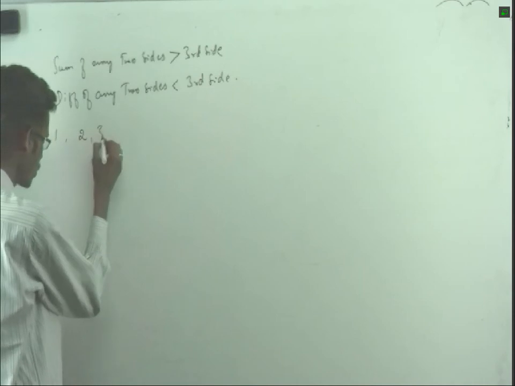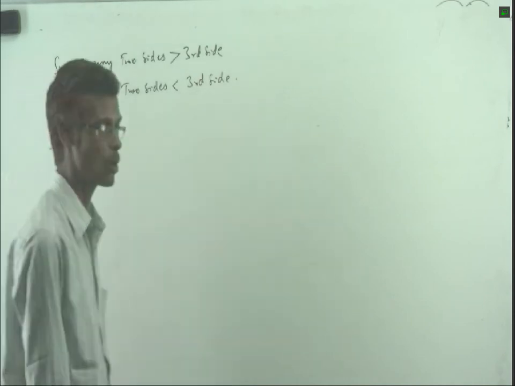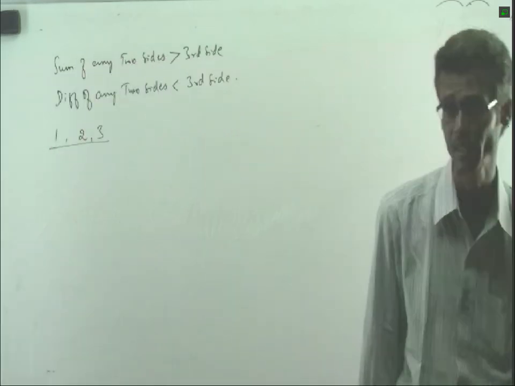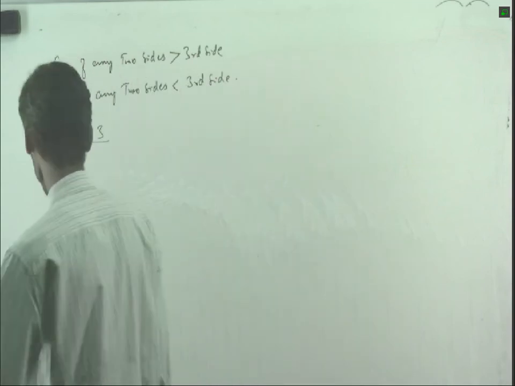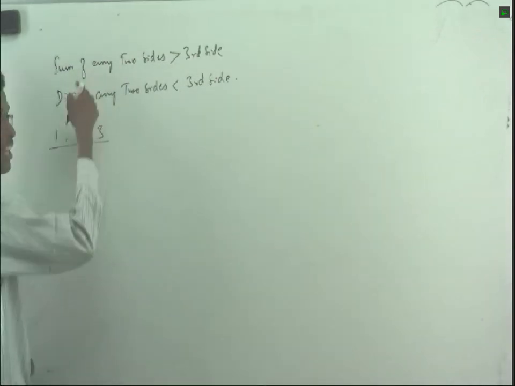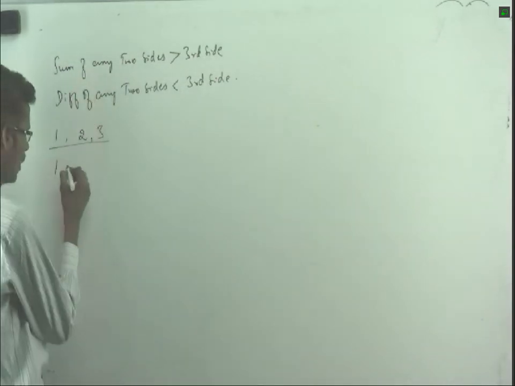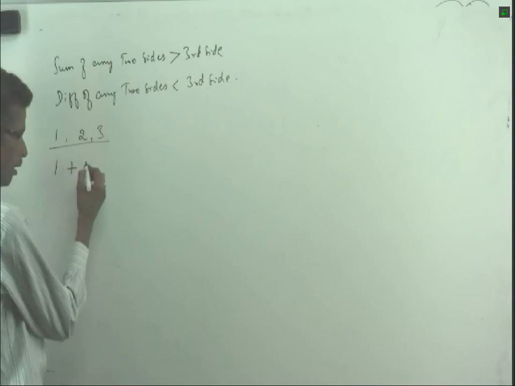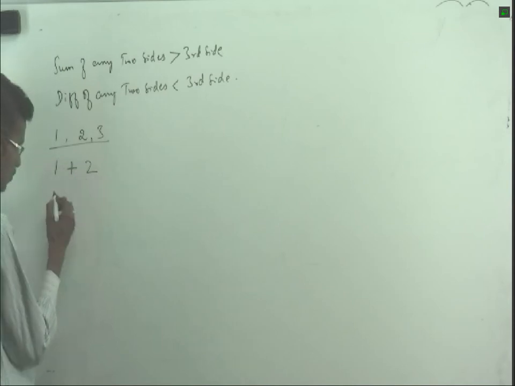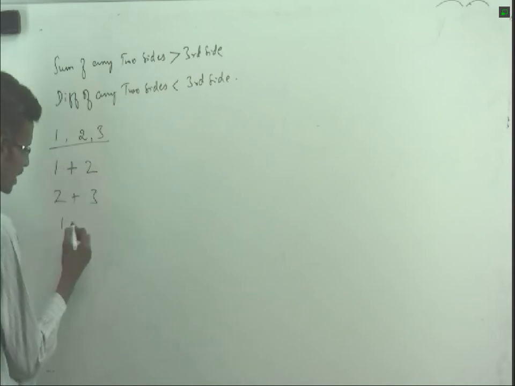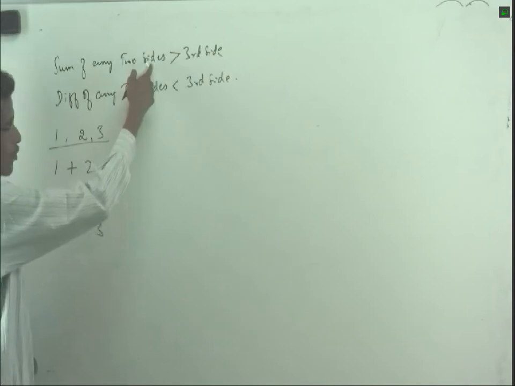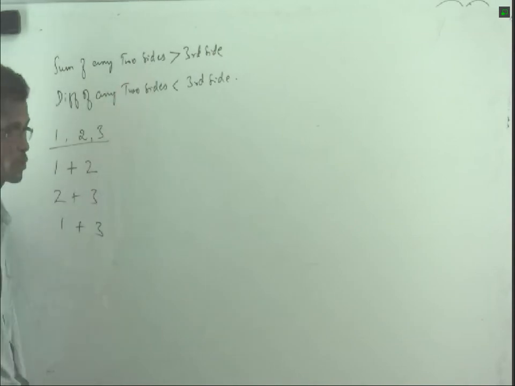Let us say 1, 2, 3. And I'm asking a question: with the help of these three numbers, can you form a triangle? No, we cannot. The reason is the first concept: the sum of any two sides should be greater than the third side. Let us take the combinations of two sides. The combinations are 1 plus 2, 2 plus 3, and 1 plus 3. Now, based on this formula, all these combinations of two sides should be greater than the remaining third side.